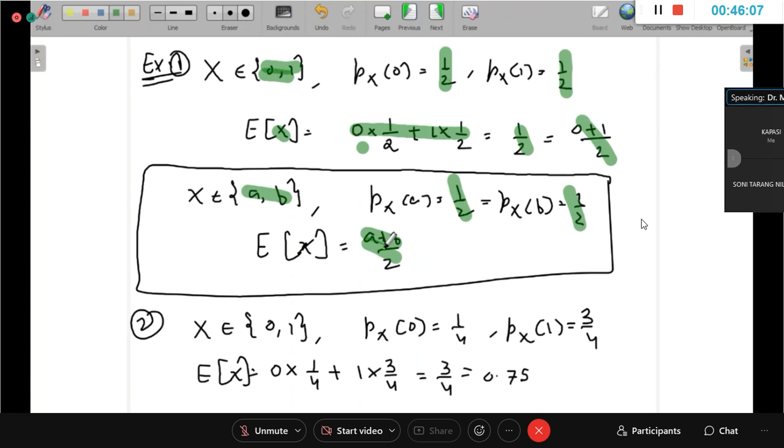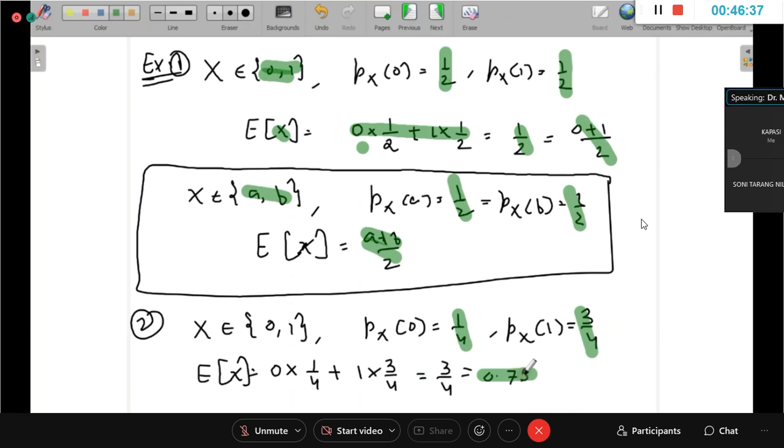On the other hand, if you take, instead of that unbiased case, the biased one, it turns out to be 0.75. By the definition, it is 0 with probability 1/4 plus 1 with probability 3/4, which solves to 0.75.